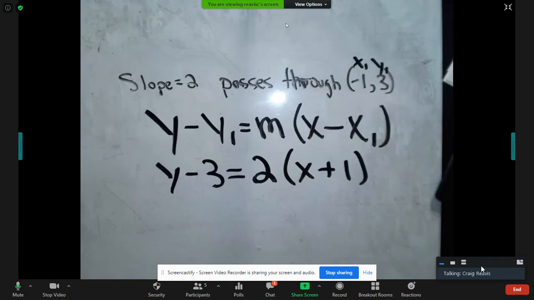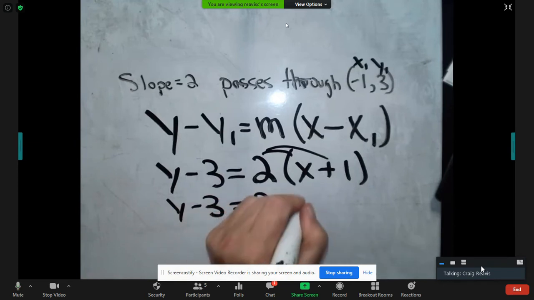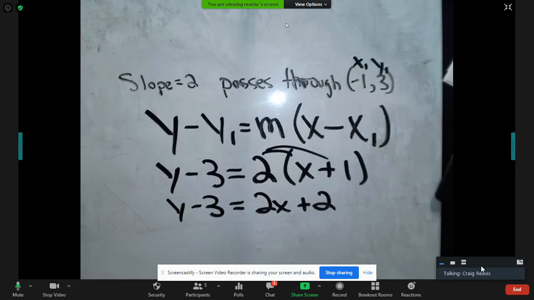First, we've got to get rid of the parentheses by distributing the 2. So this becomes y minus 3 equals 2x plus 2. Then to get y by itself, I add the opposite of that number. Minus 3, I'm going to add 3. So I get y equals 2x plus 5. That's the slope intercept form.